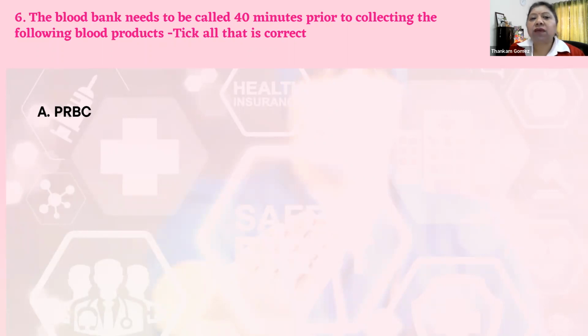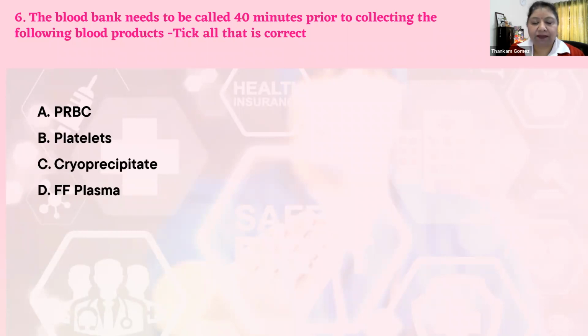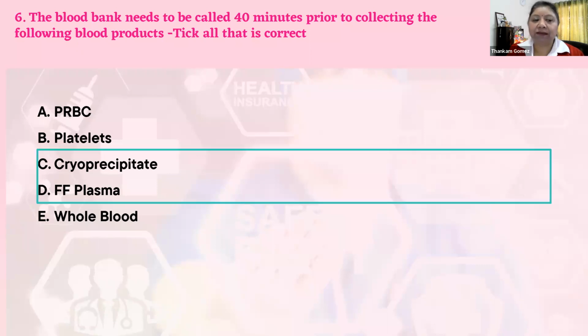The blood bank needs to be called 40 minutes prior to collecting the following blood products, which could be the products? Any quick answers from anyone? So if you know which are the frozen ones, then you will know they are the ones you have to inform early.